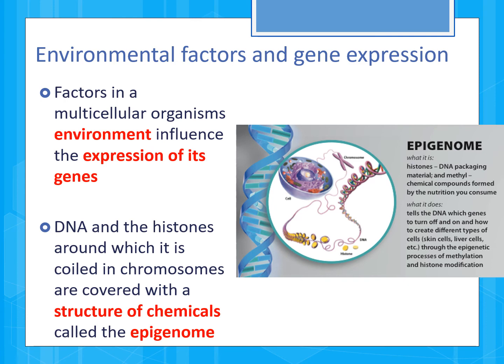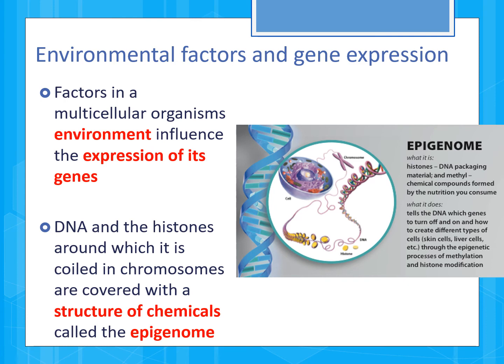Now the epigenome, whether the DNA and histones have those chemical modifications and where they are, is influenced by the environment. Okay, and so it's this concept which explains the fact that you can have identical twins who have some differences in their characteristics and their phenotype, or one develops cancer and one doesn't.